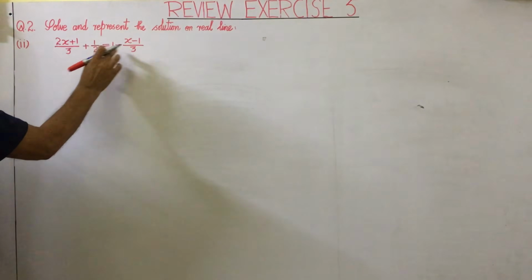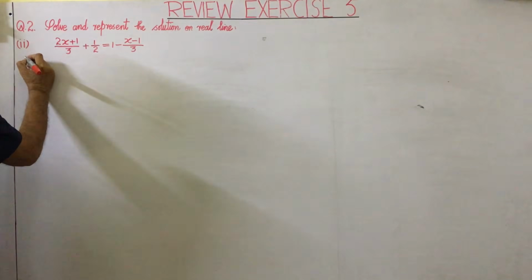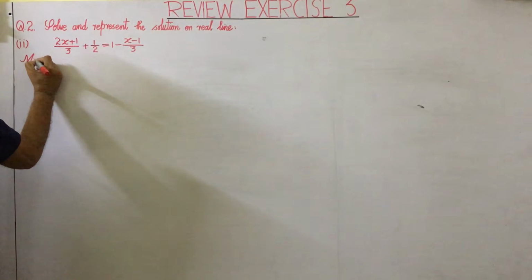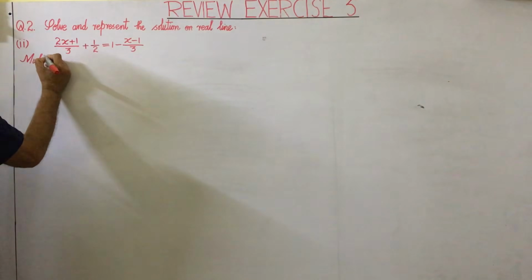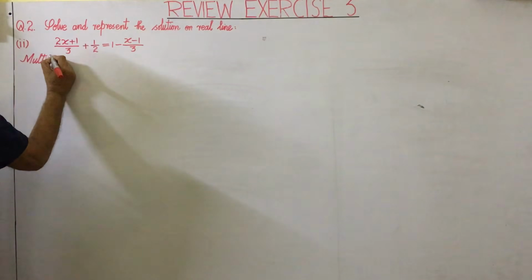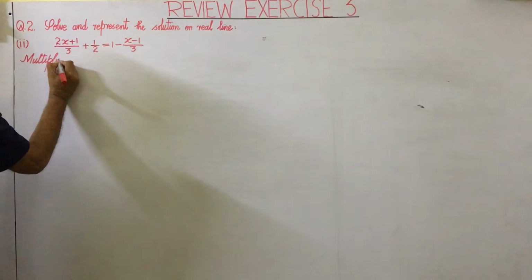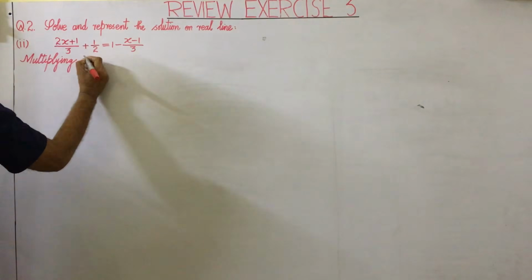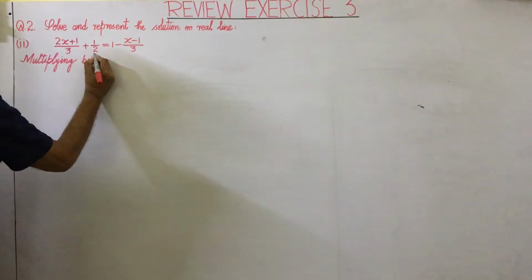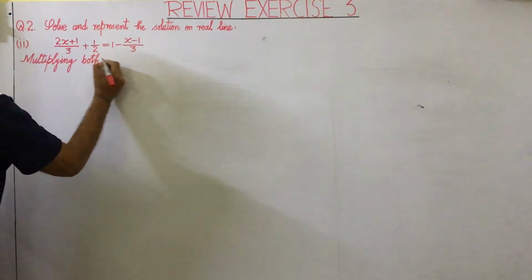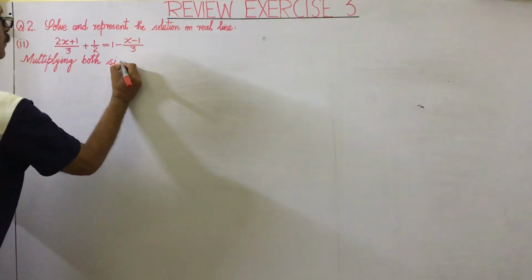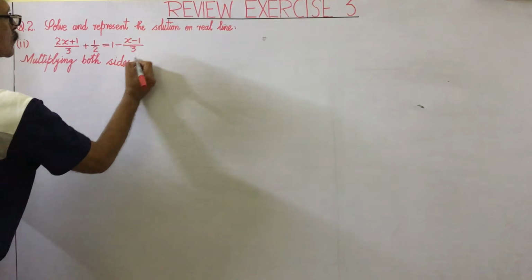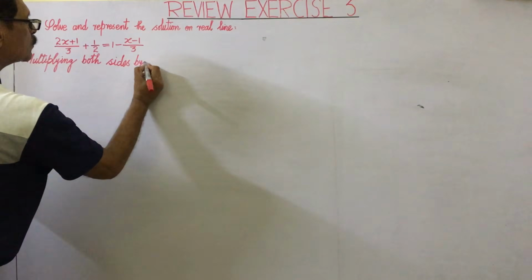LCM of 3, 2 and 3 is 6. Multiplying both sides by 6.